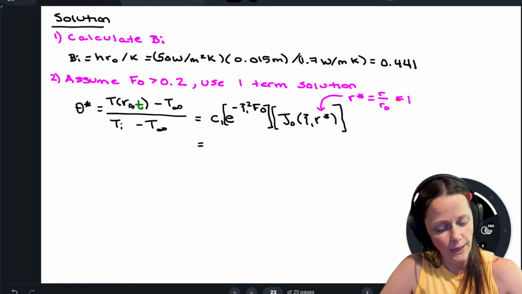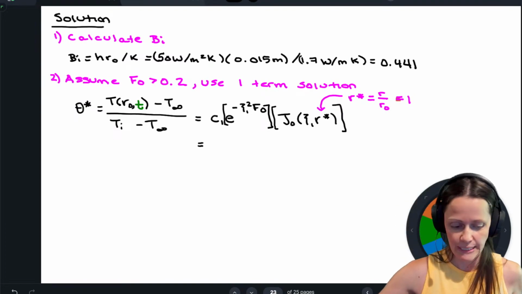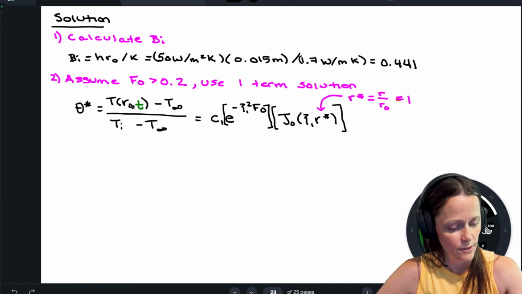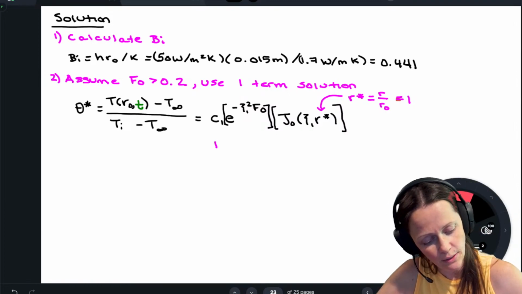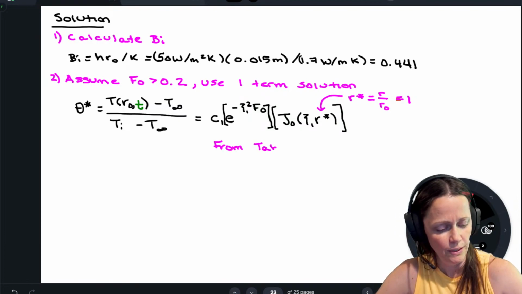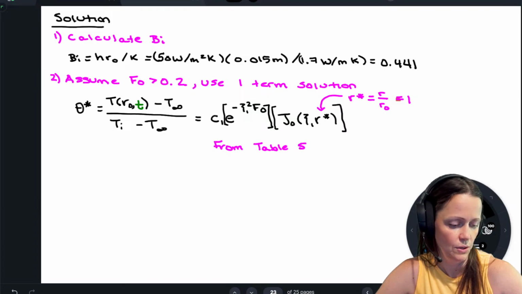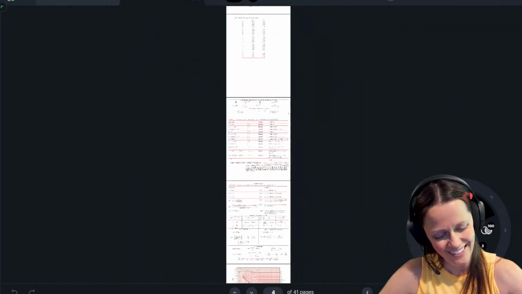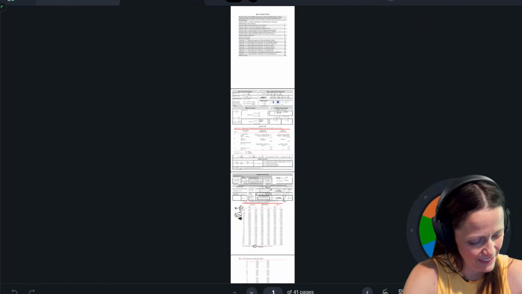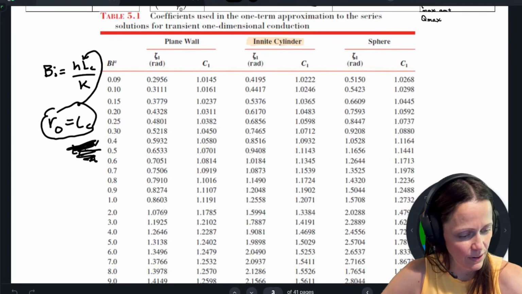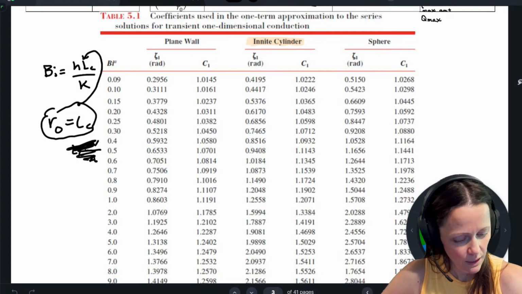So let's go ahead and get our C1 and our zeta. Those we're going to get from, I think it was table 5.1. So let's go look. Ah, perfect, that's this one right here.